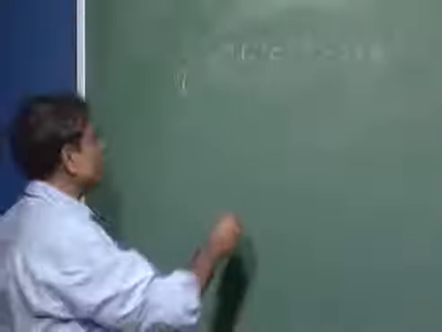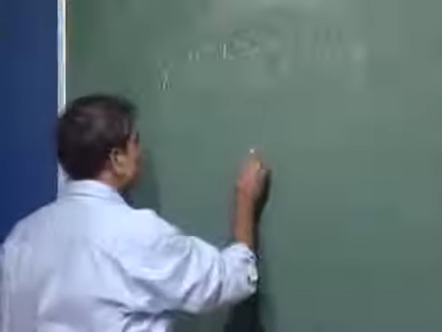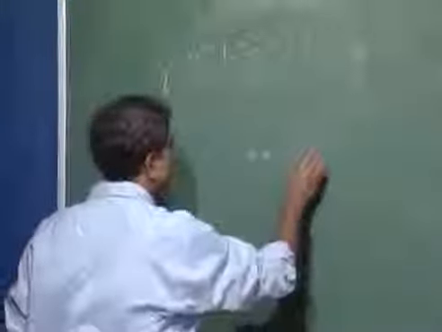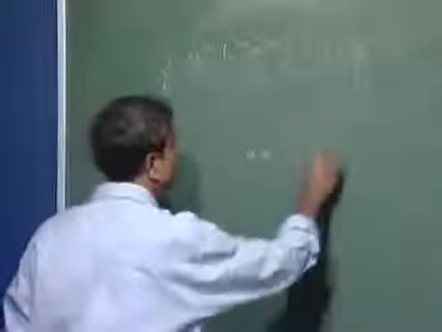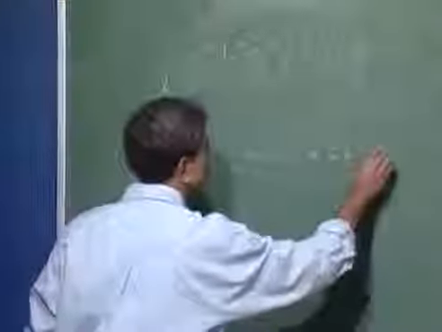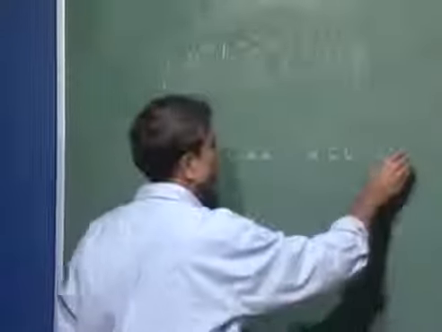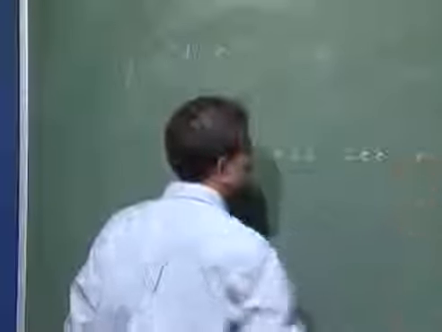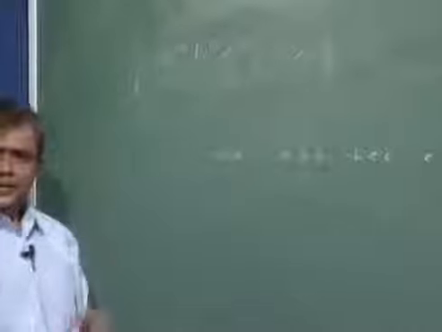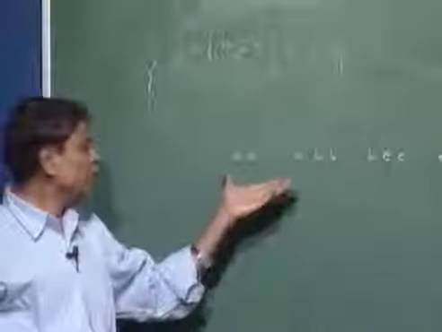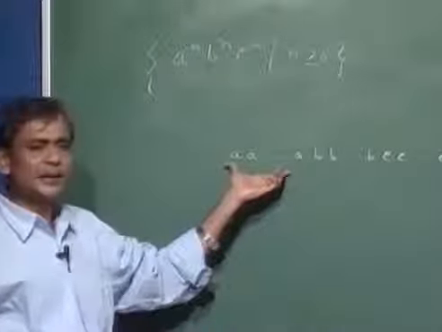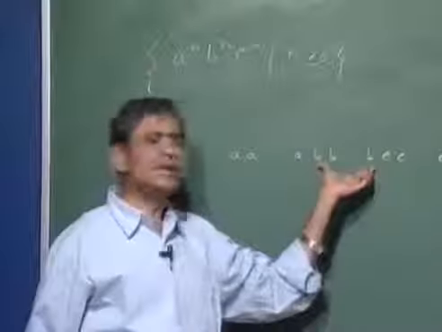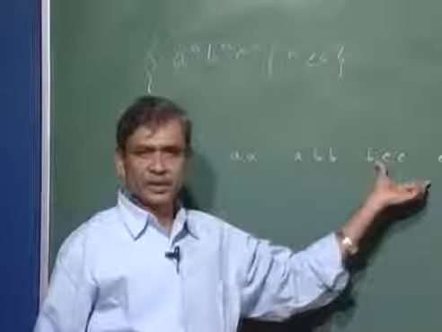Imagine on the input we have a number of A's followed by a number of B's and then followed by a number of C's.